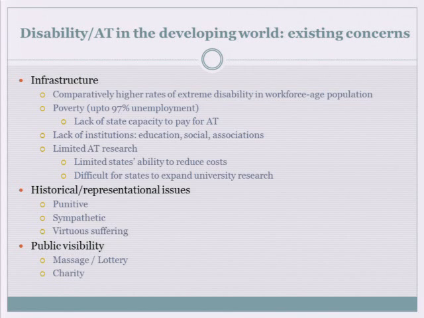So, for instance, New Zealand has a very high rate of disability. That, in some sense, also means that one is more likely to live longer in New Zealand, for instance. Poverty is very high, up to 97%, unemployment across various kinds of disabilities. What's really most important here is the lack of state capacity to pay for assistive technology.